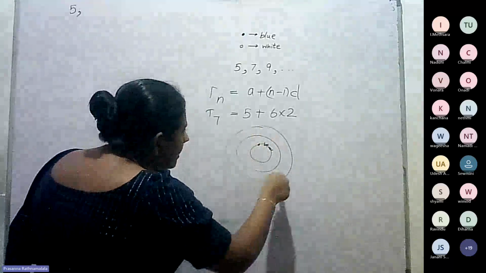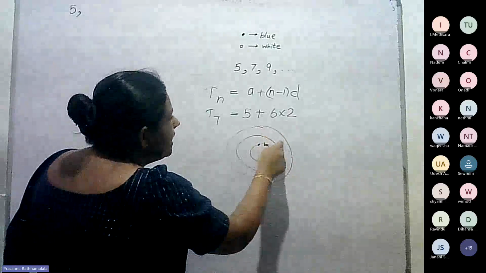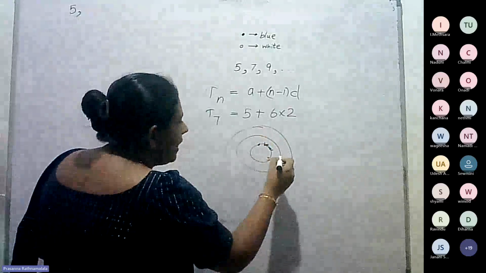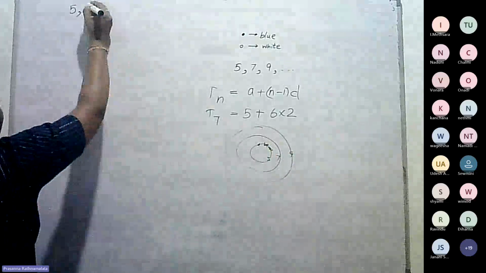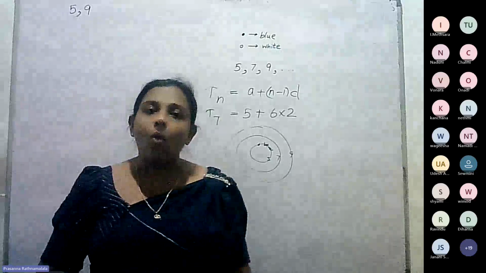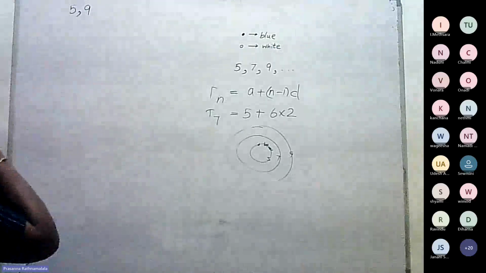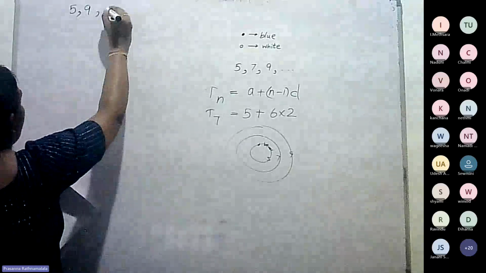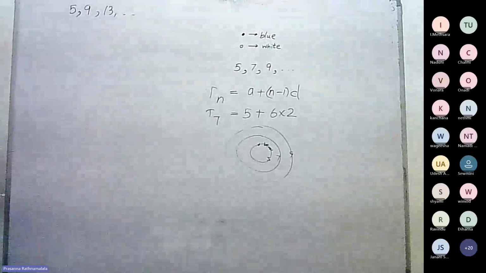How many students are there? Here is 5, this is 7, that is 9. The difference here is 4. Next you add 4, that is 13. That is the arithmetic progression.